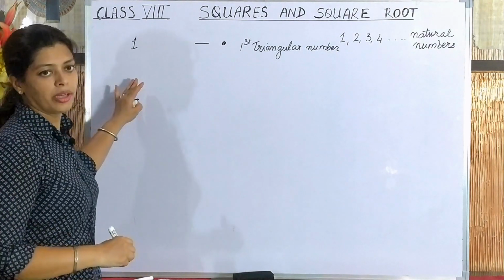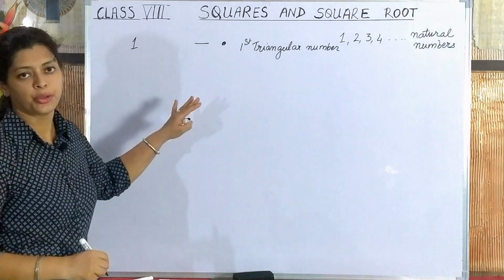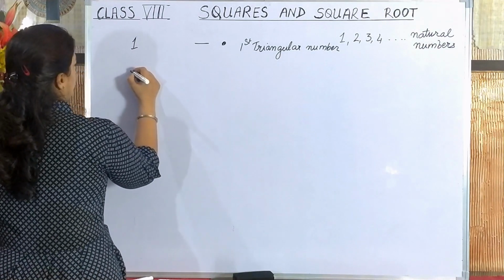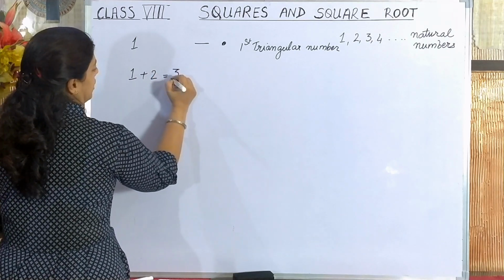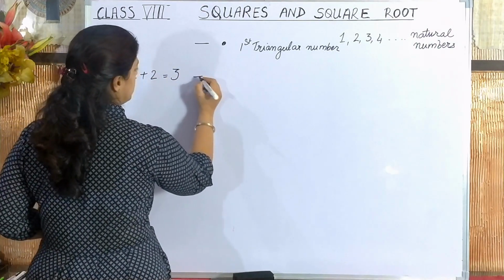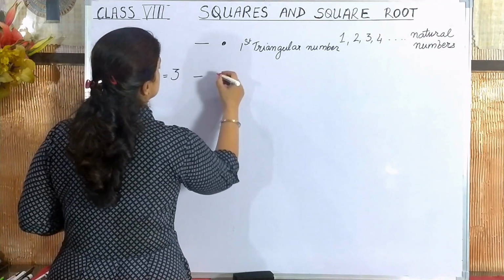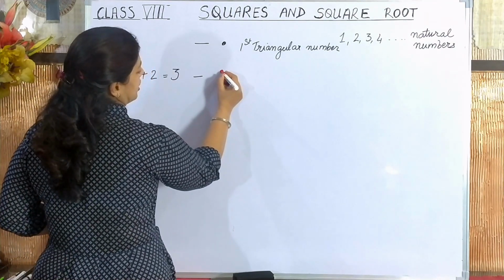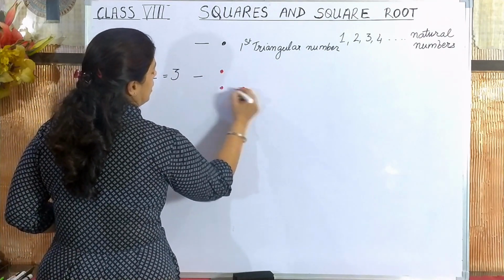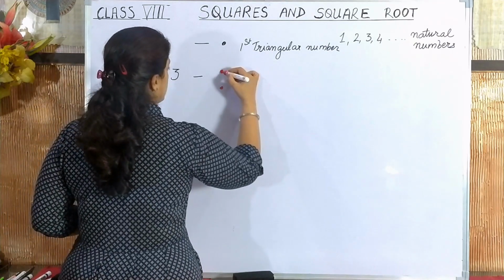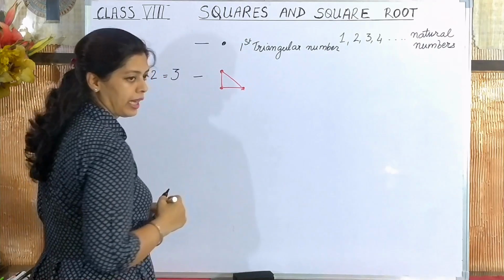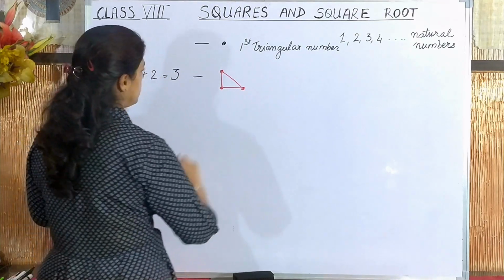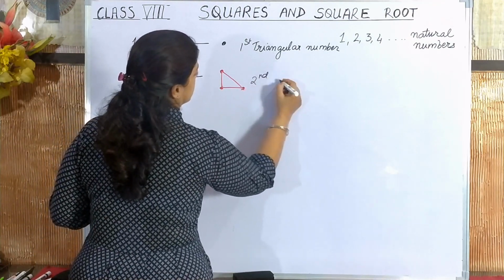The second triangular number is the sum of the first 2 consecutive natural numbers, that is 1 plus 2, which is 3. 3 is the second triangular number, and we can represent this as 1 dot in the first row, 2 in the second. And if I join these dots, I get the triangular shape. This is the second triangular number.